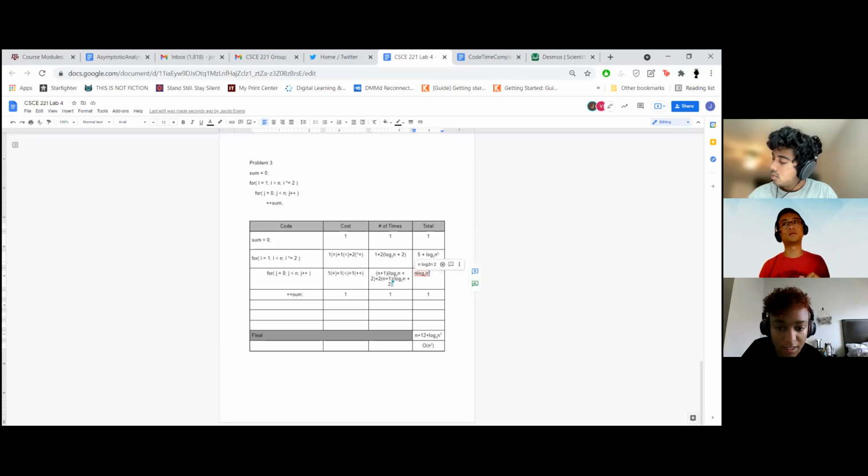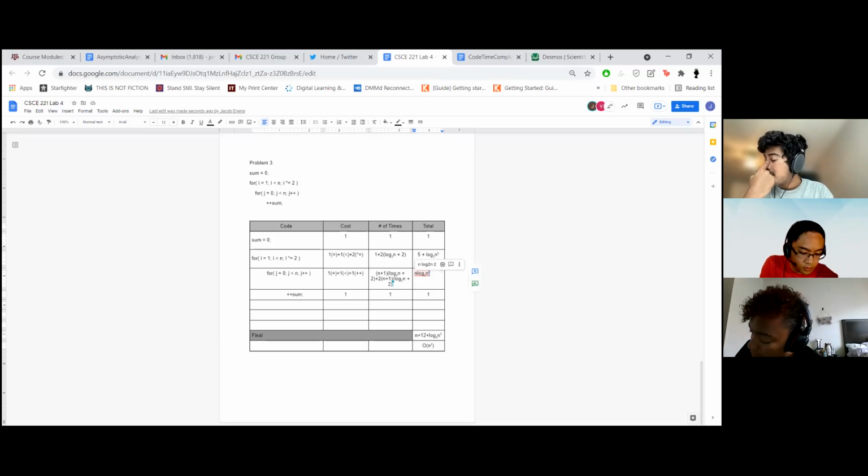Or well, to the n. Plus 2n. Yeah. Log squared n, n plus 1, plus 2, times log 2n plus 1, plus 2 times n plus 1 times log 2n plus 1.